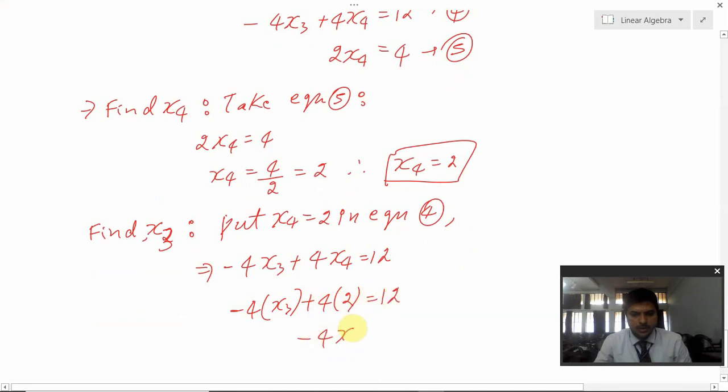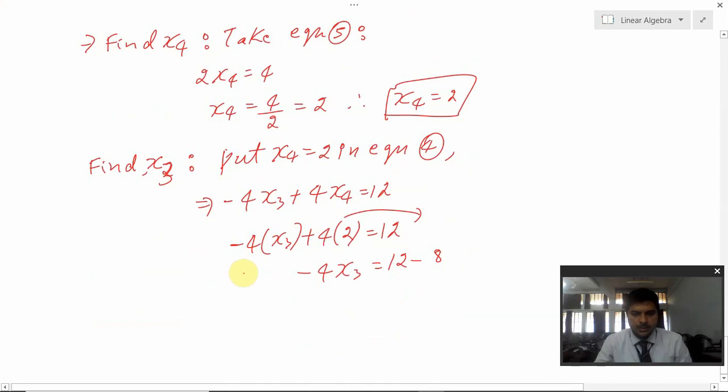So minus 4x3 is equal to, bring this equation this side. So 12 minus 8 you will get, 4 into 2 is 8. So ultimately you will get this is equal to 4, and therefore x3 is equal to minus 1. You can do it in the calculator, very easily you will get.